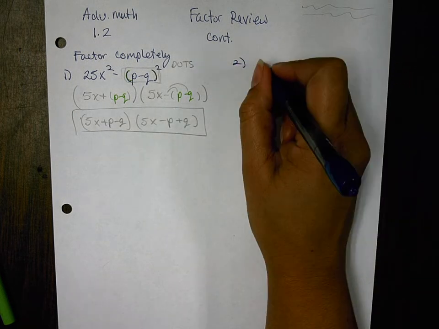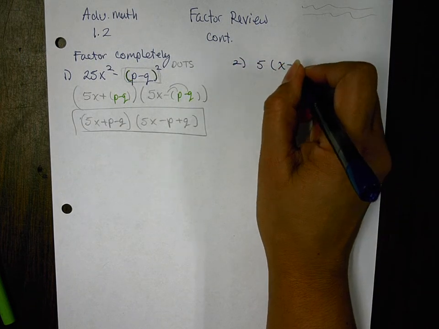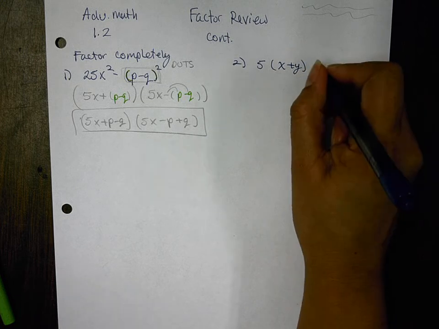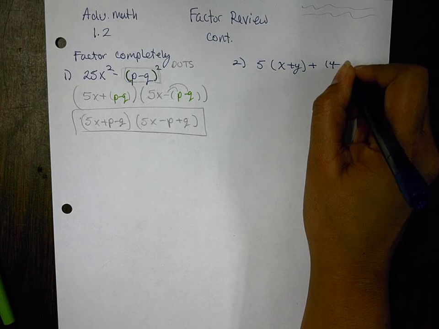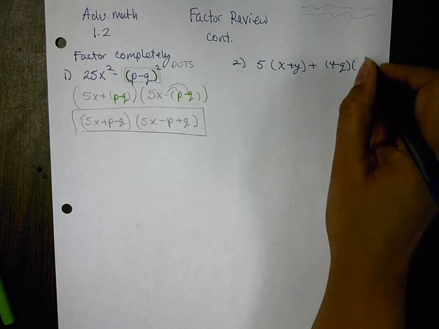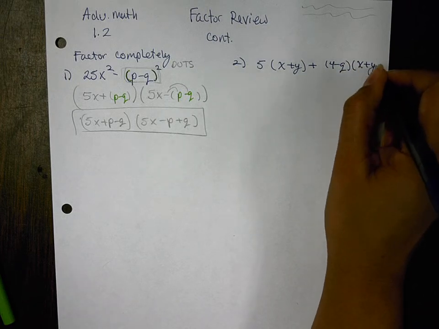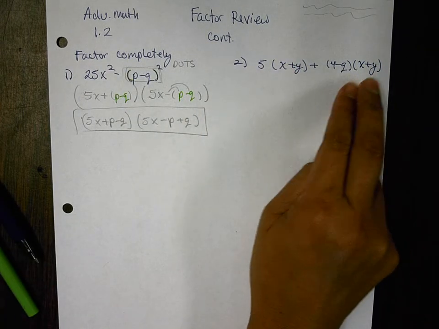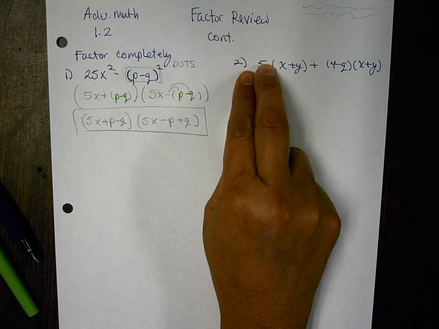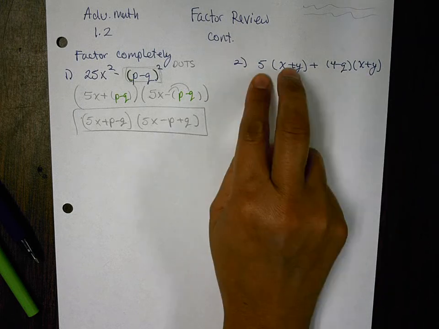Okay, number 2. 5(x plus y) plus (4 minus q)(x plus y). Okay, this also has two terms. This is your first term. This is your second term.